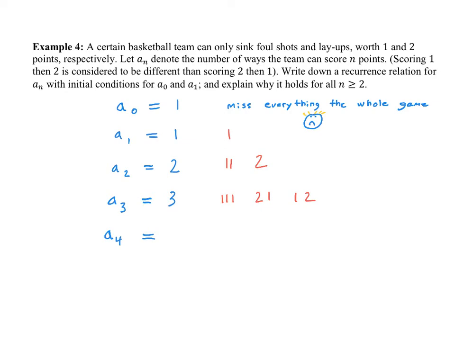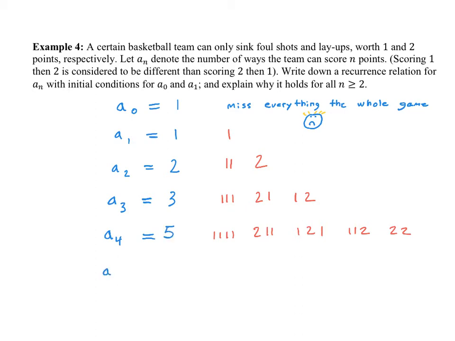So we'd have 4 1s as one possibility, or you could have a 2 and then 2 1s, or you could have a 1 and then 2 and then another 1, or you could have a 1 1 2 or a 2 2. So there's 5 ways in total.